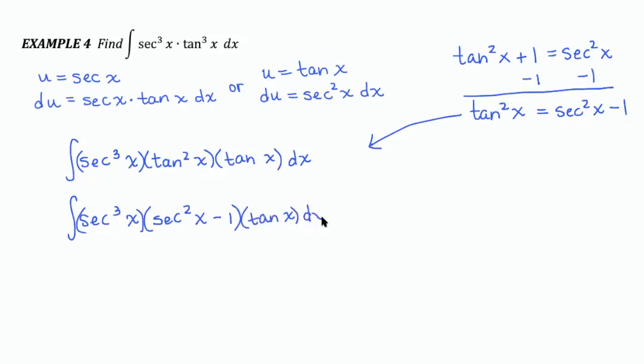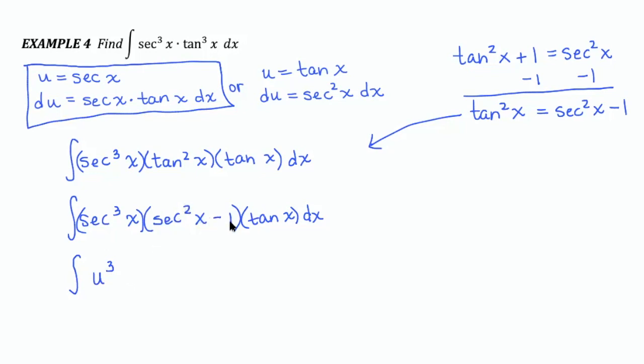And since I introduced more secants this time, it would be more logical to choose the u substitution where secant is my u. So again, I'll just see how this goes. Secant cubed of x would be u cubed. Secant squared of x minus 1 would be u squared minus 1, and then I have tangent of x dx, which does match part of my du, but it doesn't match the whole thing.